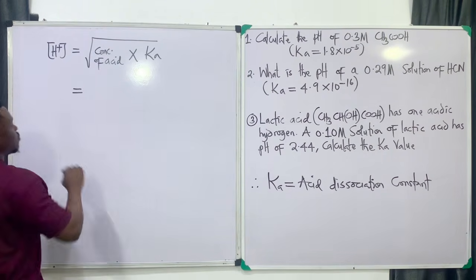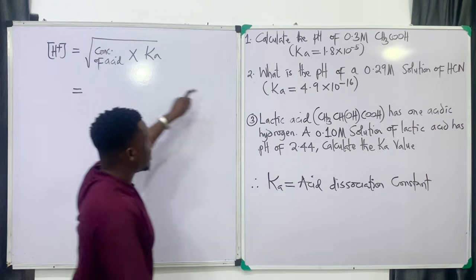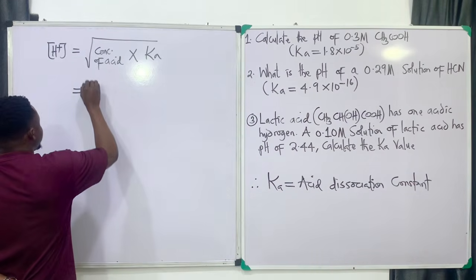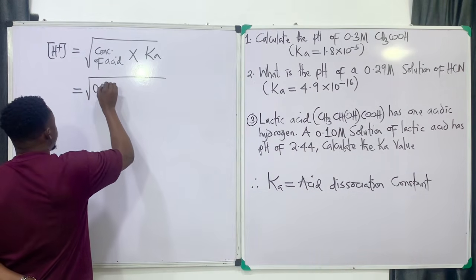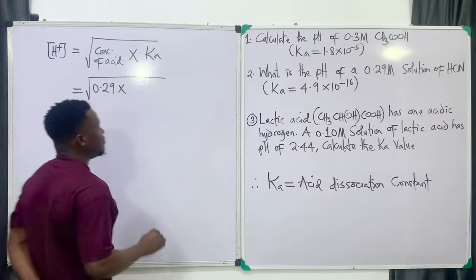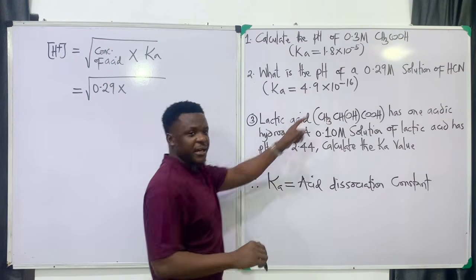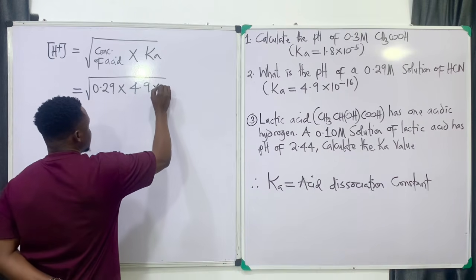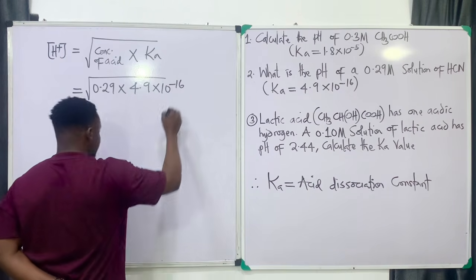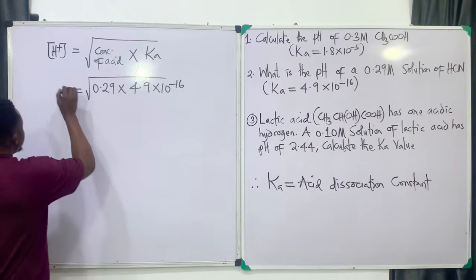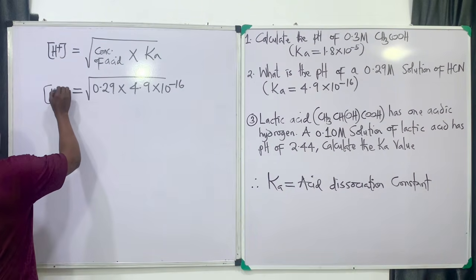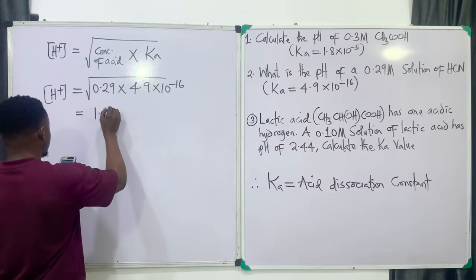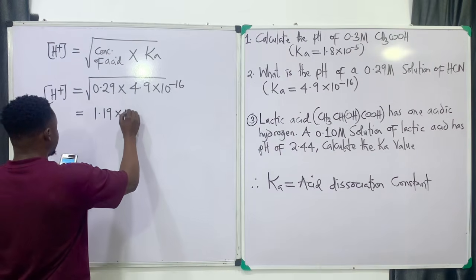And what is the concentration of the acid in this case? 0.29. So we'll have the square root of 0.29 times, what is the value of Ka here? We have 4.9 times 10 raised to the power of minus 16. So this is equal to 1.19 times 10 to the power of minus something.